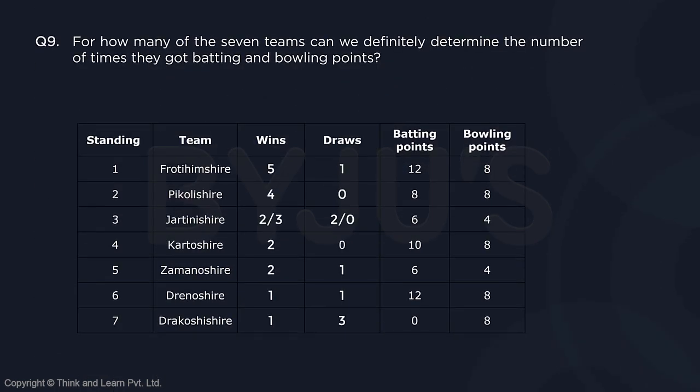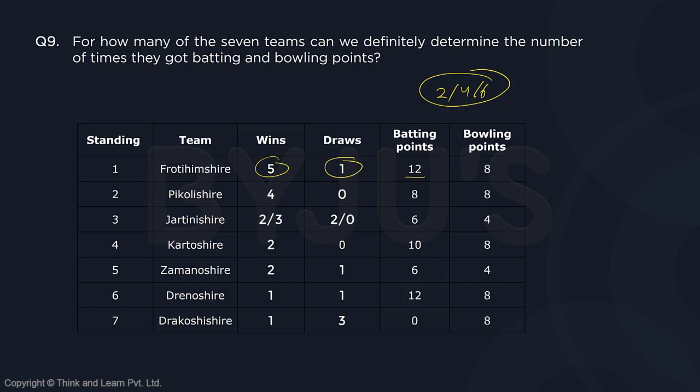The question is: for how many of the 7 teams can we definitely determine the number of times they got batting or bowling points? कितनी बार उनको batting and bowling points मिला. Let's check for F. We have a total of 6 wins and draws. So I need to tackle 2, 4, 6, right? Now this 12 can be distributed into 2, 2, 2, 2, 2, 2, 6 times, right? Or it could be 2, 2, 2, 2 and 4. It could be otherwise also.